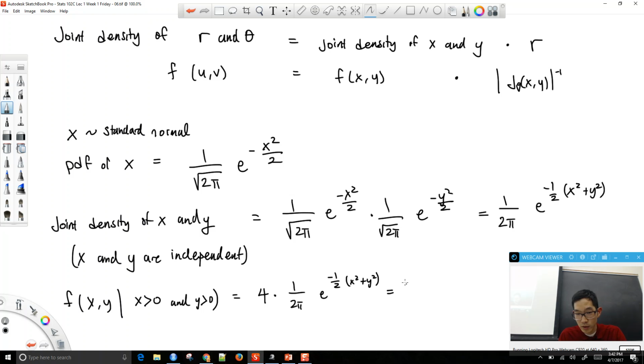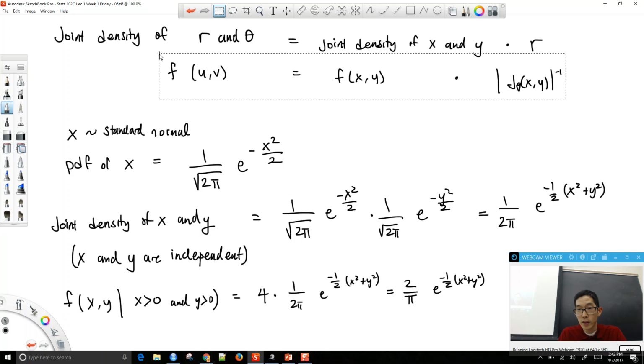So this gives me 2 over pi e to the negative 1/2 x squared plus y squared. Okay, and so now I'm going to try to wiggle in r and theta into this joint density. This is our joint density of x and y, and using this as a guideline, we're going to try to get this.